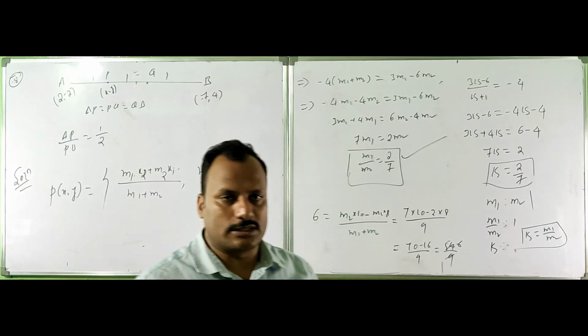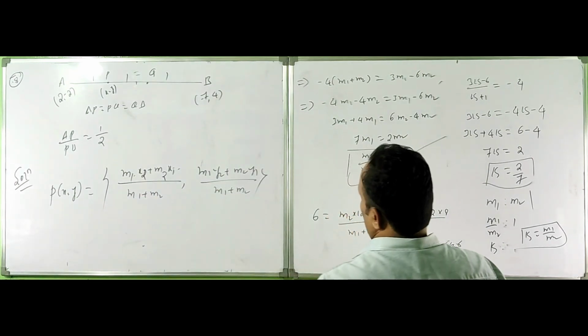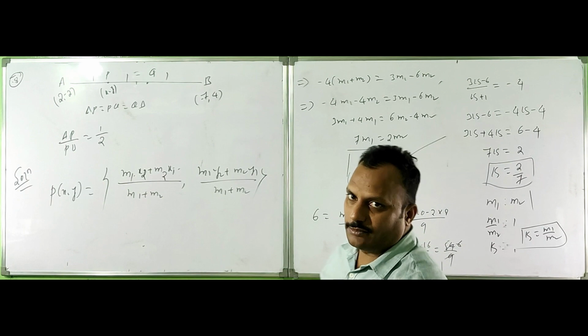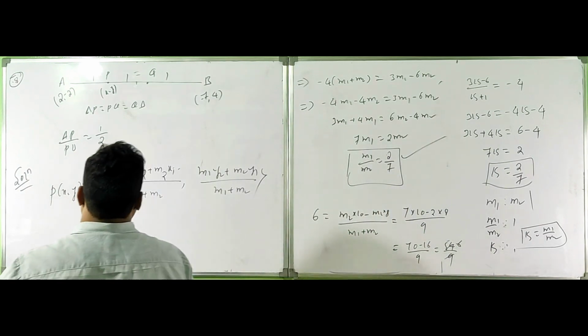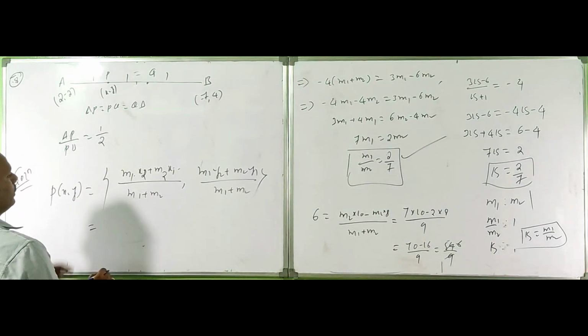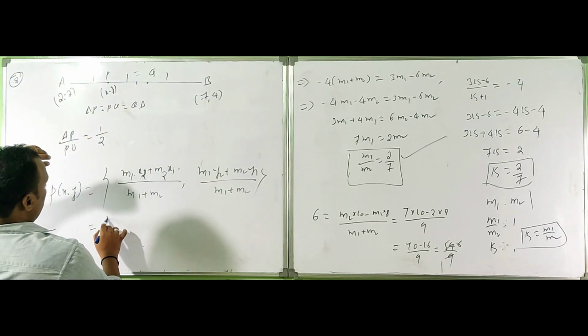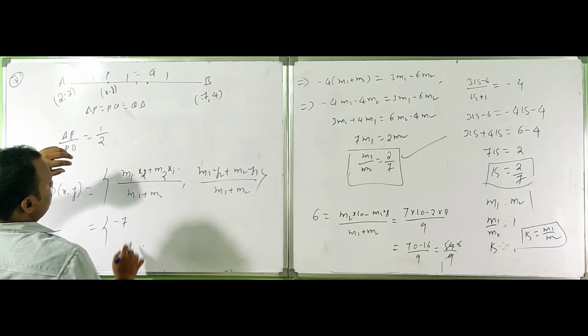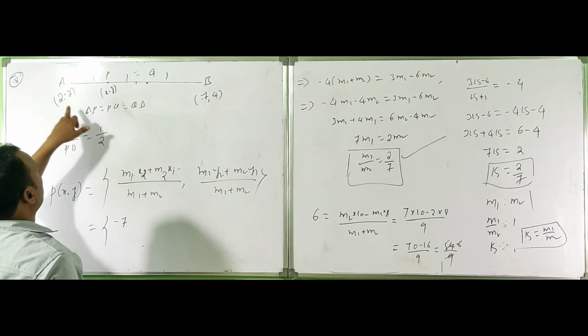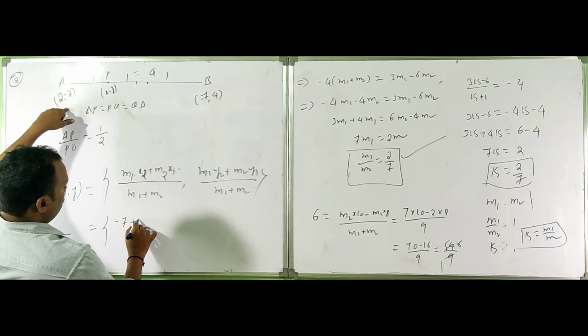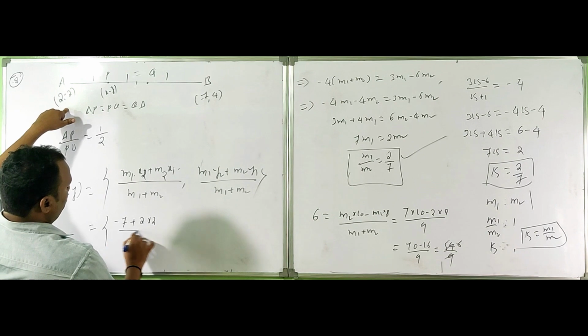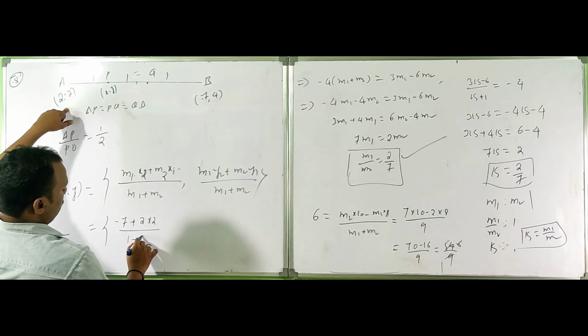Okay, in a 5 marks, 6 marks or 3 marks question, you have to write the formula first, then put the corresponding values. What is m1 here? 1. What is x2 here? Minus 7. And m2 is 2, x1 is 2, so plus 2 into 2 divided by 1 plus 2.